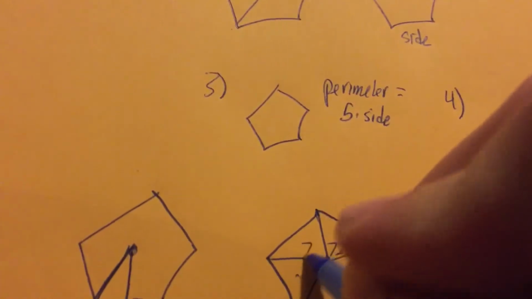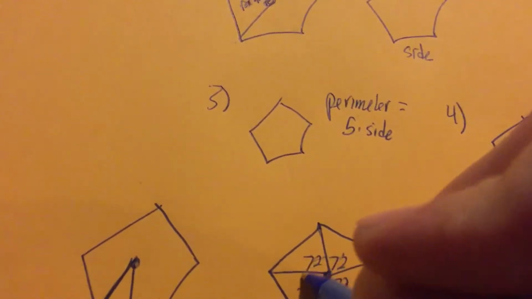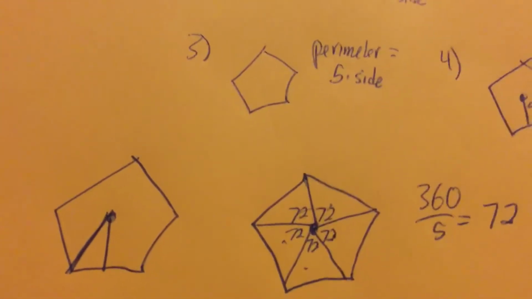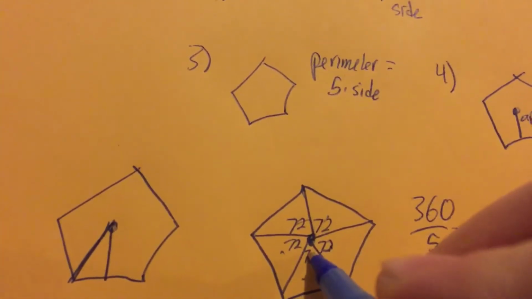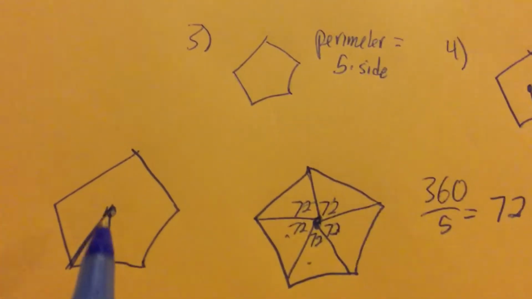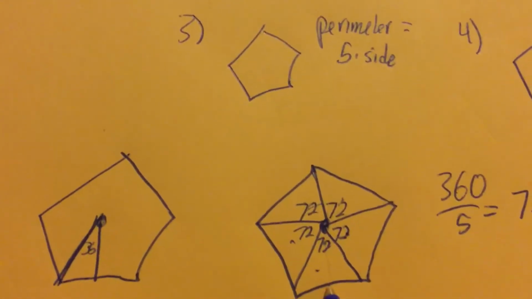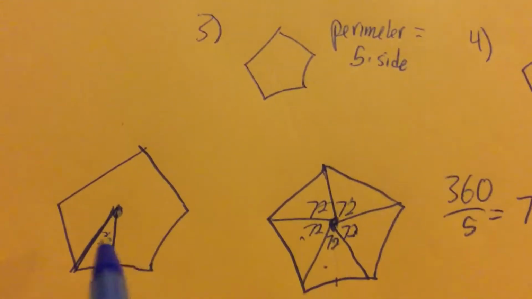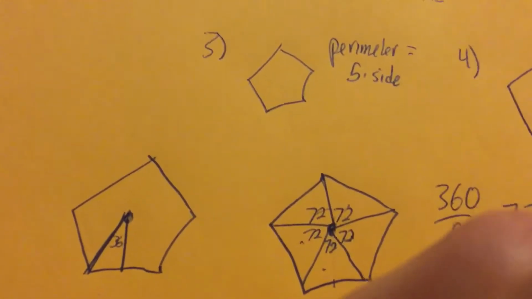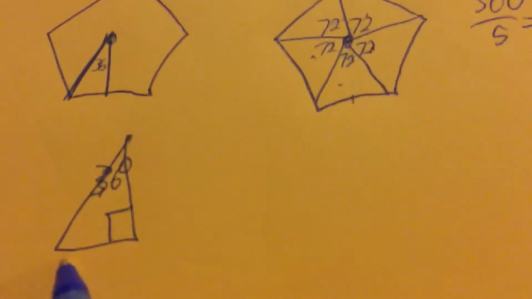So this is 72 degrees, 72, 72, 72, 72, because when I add them all up, I get a whole 360, one way around the circle. 72 gets split in half, and I get 36 right here, because this apothem is going to split that 72 right in half. So I have this triangle to work with in my pentagon. 36 degrees, 90, and then this here doesn't really matter.